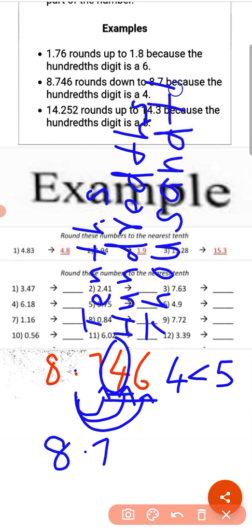Since the digit at the 100th place is less than 5, we are removing the 100th place and 1000th place from the number and writing the other numbers. So our answer is 8.7.